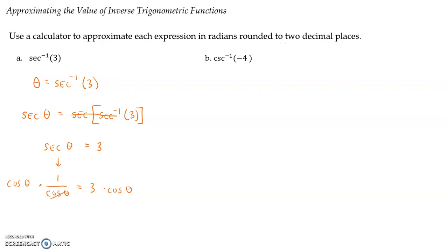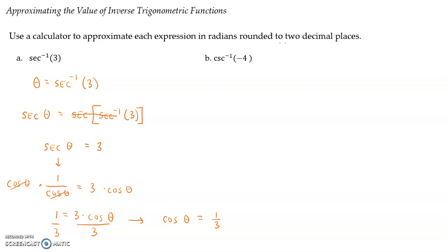And on this left-hand side, these are going to cancel. And then we can go ahead and divide both sides by 3. This is going to give us the statement cosine of theta is equal to 1/3.